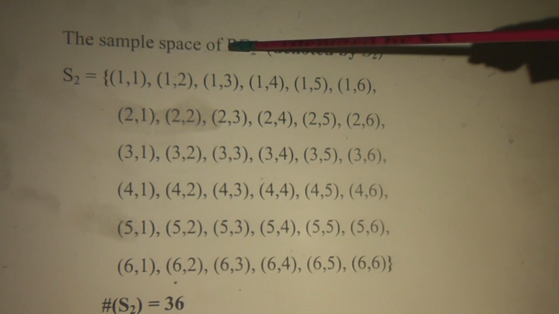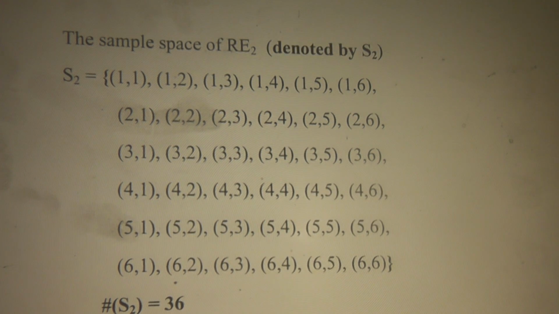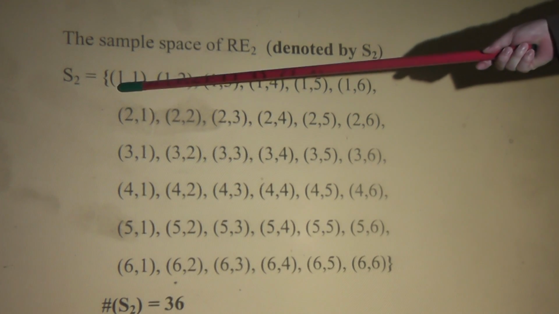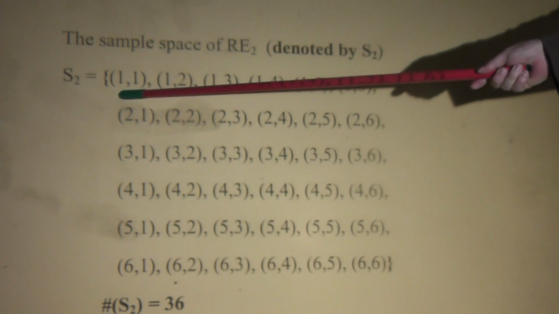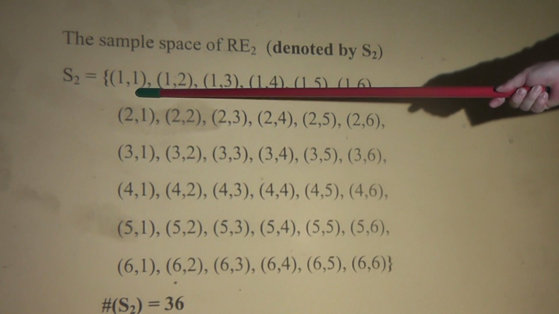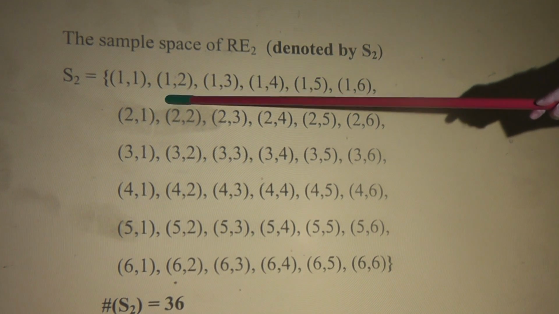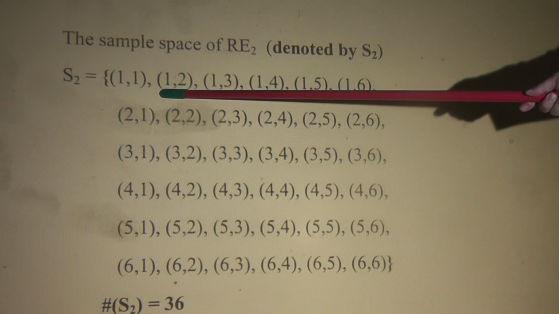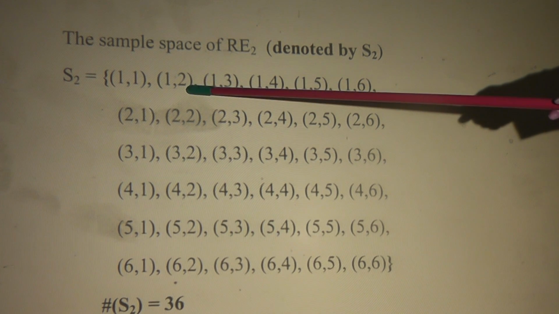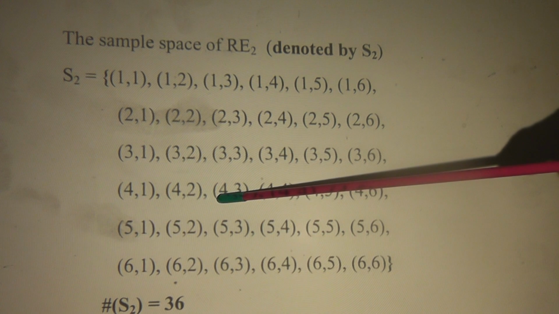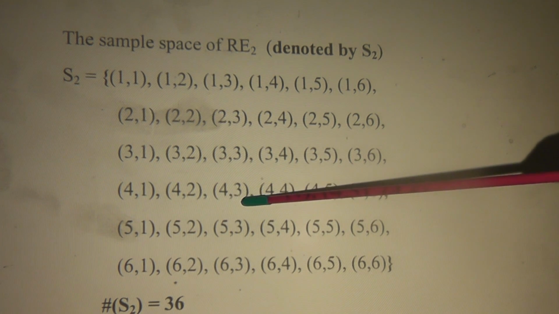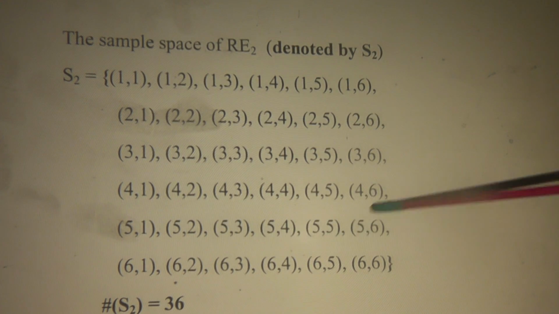Well, random experiment 2 is we roll a balanced die 2 times. So we can see 1, 1: first time we see a spot 1, second row we see spot 1 again. This one is on the first row we see spot 1, second row we see spot 2. This one, on the first row we see spot 4, second row we see spot 3. All together, we find there are 36 possible outcomes in the sample space.